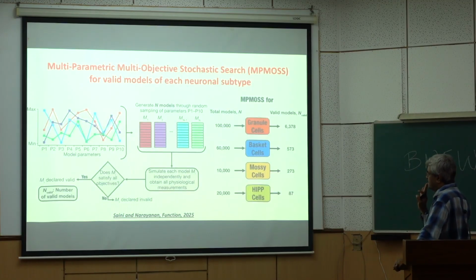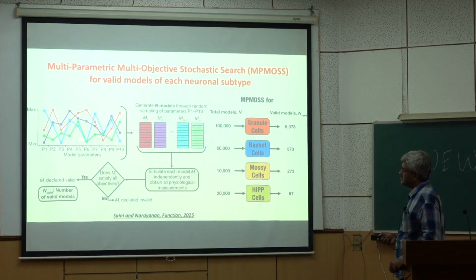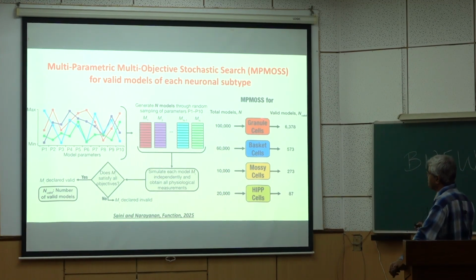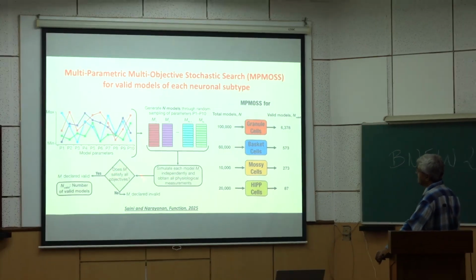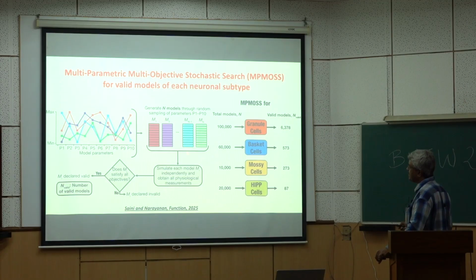So what Sarang did was, for getting the heterogeneities in individual cell types, he did a parametric search, right? And for each of these cell types, we know the physiological properties associated with them. So the granule cell physiology is very different from basket cells, and the mossy cells are different from hip cells, and each of them is different from each other, and therefore we have a set of physiological measurements for each and every cell type, and therefore he did a random search on the model parameters, right?